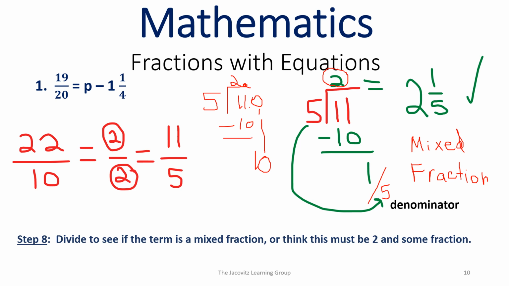Or what some people do is 1/5 is 20%. 1/5 of a pie when you were younger is 20%. So if you turn this into a decimal, this would be 2.20, or 2.2. But here it's done for you. 22, 10, 0. And that's your decimal.